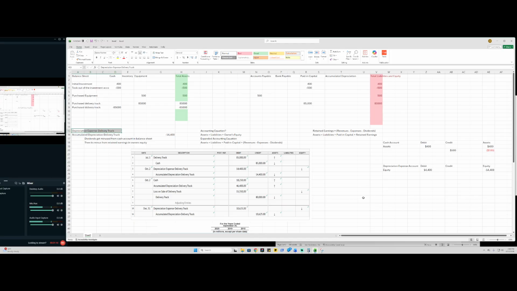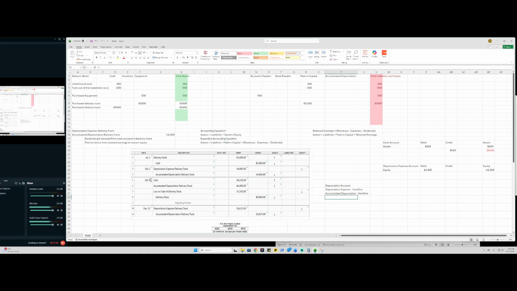Let's say in the journal entry you have a depreciation account, and inside the depreciation account you would have depreciation expense for item one, and then the accumulated depreciation for item one. The journal entry pretty much looks like this.